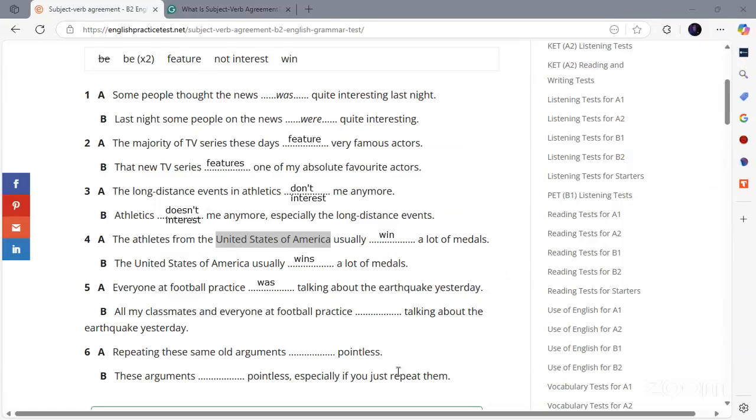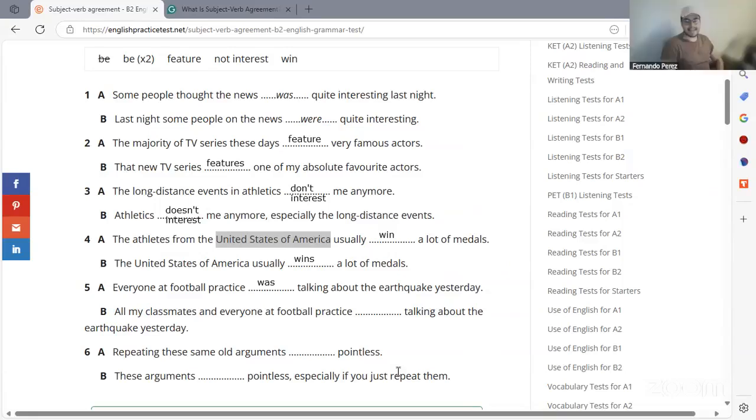All my classmates and everyone at football practice. The first rule that we saw was to use singular and plural with or, not with and.